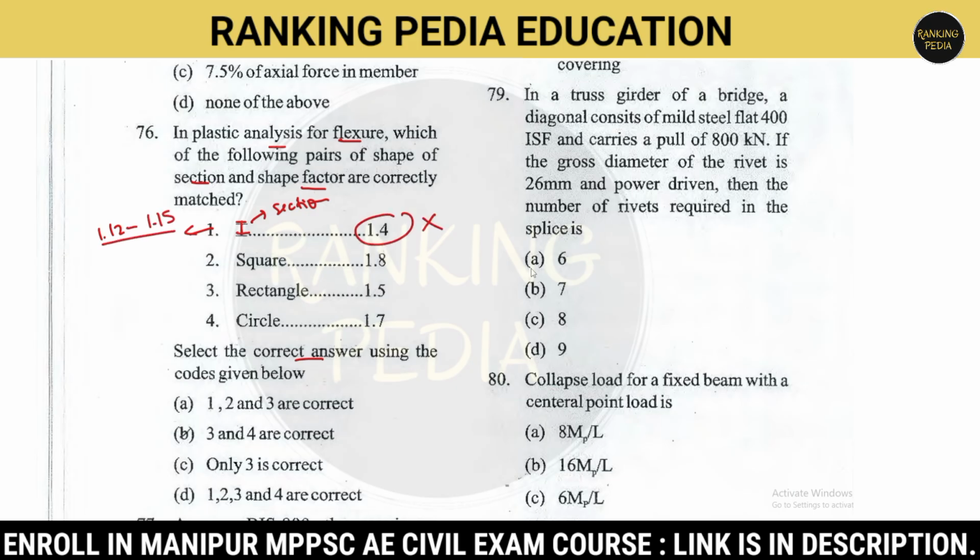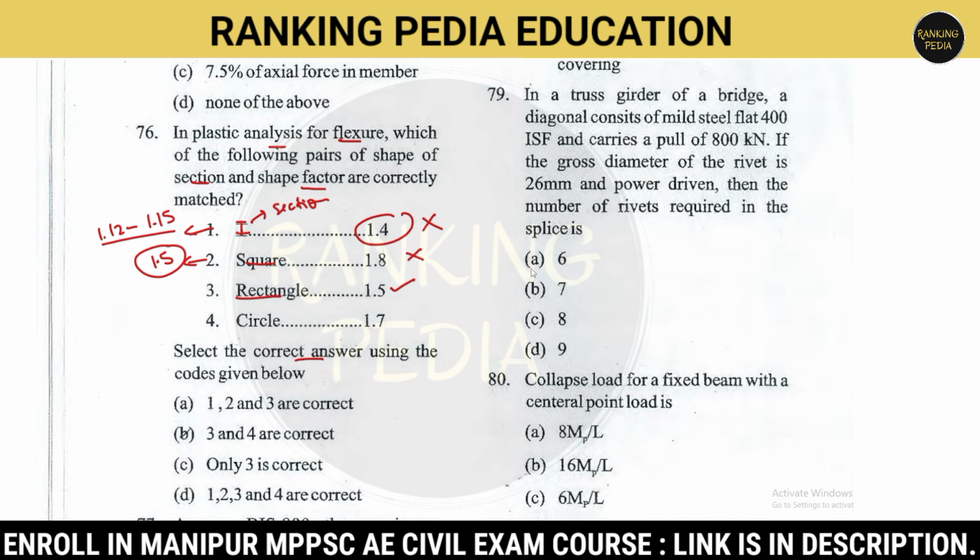This statement is incorrect. Coming to the square section, which is a specific type of rectangle, its shape factor is 1.5, and here it is given as 1.8. So it is also an incorrect statement. For a rectangular section, the shape factor is 1.5. So the third statement is correct.